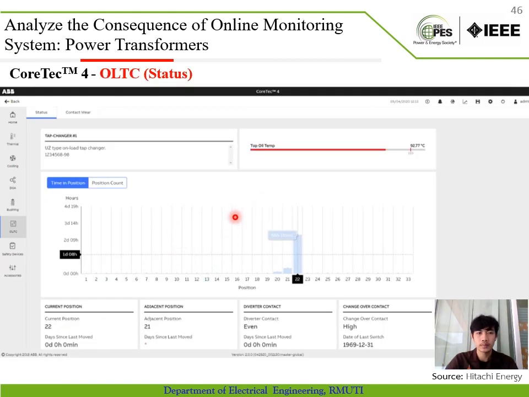On this on-load tap changer status, it shows the position contact and its operation time, current position contact, adjacent position, diverter contact, and date of last switching. Moreover, it shows the total current position for diagnostics of the degradation of on-load tap changer contact.